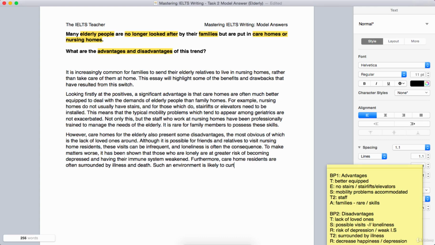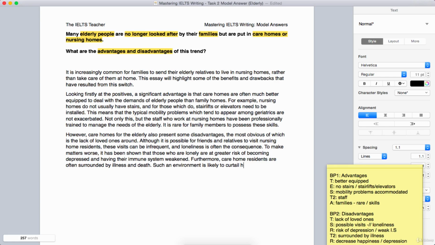Here's a nice synonym, curtail. Now, it's not a direct synonym of decrease, but it does have this idea of reducing something, to reduce or to restrict, to deprive, in a way, somebody of something. So it's close enough, and it's certainly appropriate here.